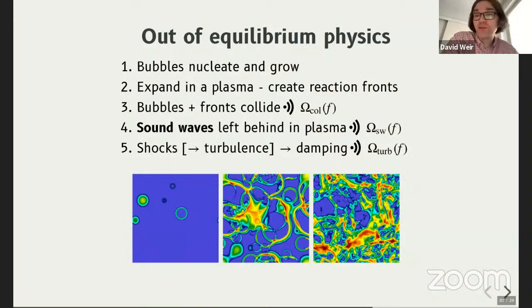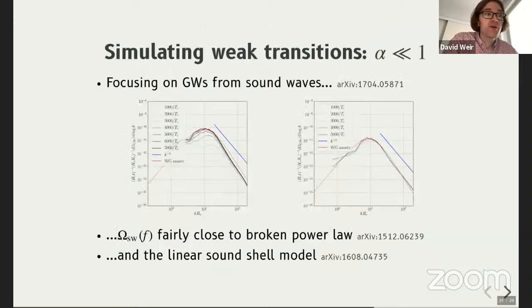But I want to focus on the sound waves for the time being, because that's what works very well for weak transitions. If alpha is pretty small, then everything is quite linear. And in these simulations that we did of sound wave collisions sourcing gravitational waves back in 2017, here you can see the gray and black curves, which are scaled by time, and show you that they're basically a stationary source of gravitational waves, while the sound waves are continually sourcing stuff.